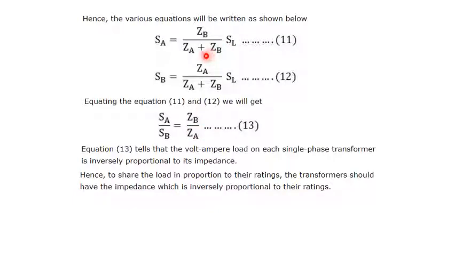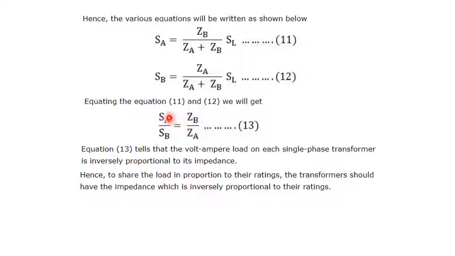SL divided by ZA plus ZB are the common terms, so these get cancelled and the equation becomes SA divided by SB is equal to ZB divided by ZA. Here also, the volt ampere load on each single phase transformer is inversely proportional to its impedance.